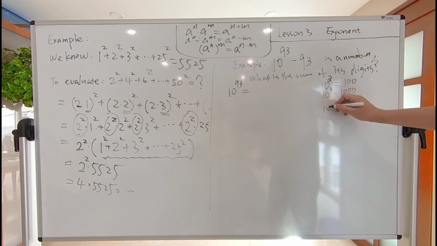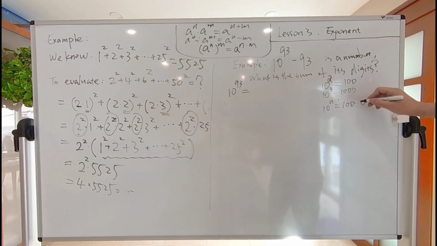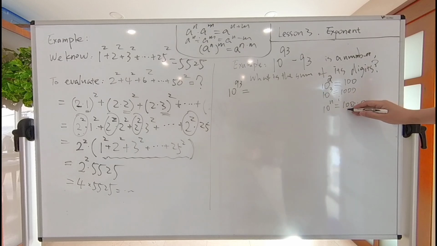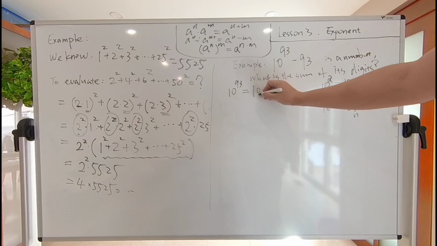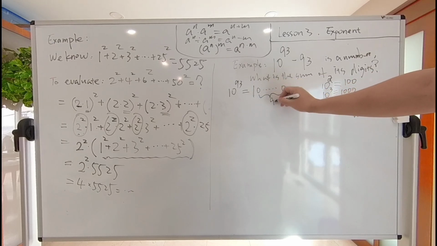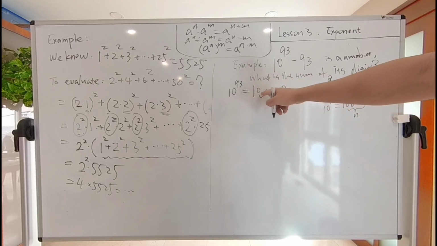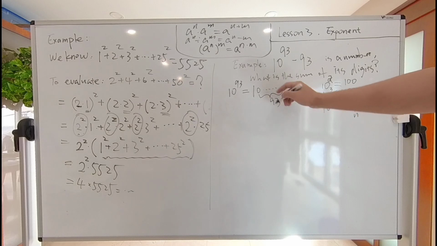So 10 to the nth power always starts with 1, and you have n zeros after 1, right? So this is the pattern. So the first number can be also written as a number that starts with 1 and is followed by 93 zeros.